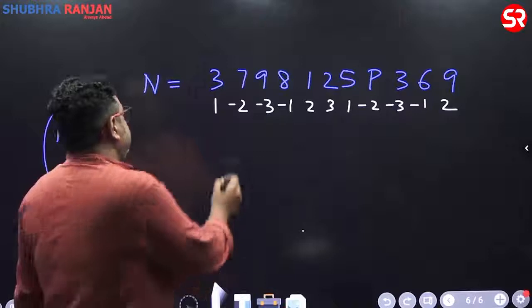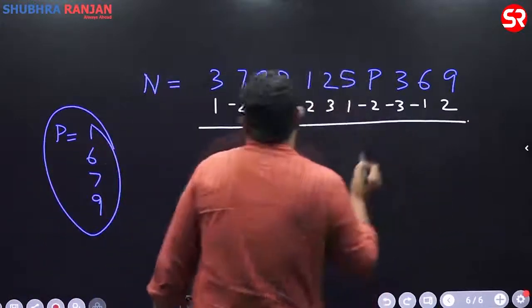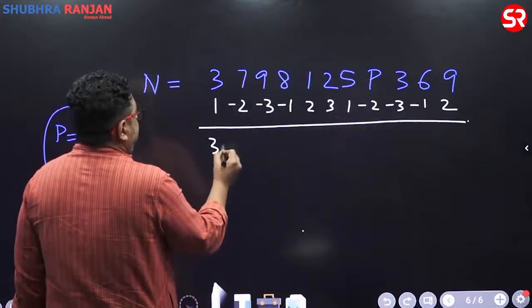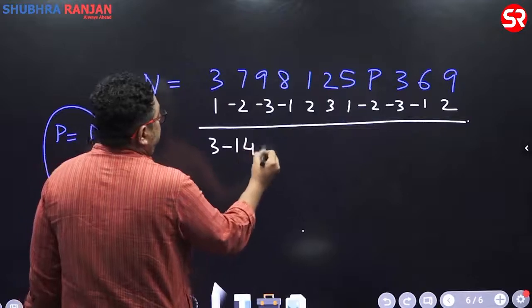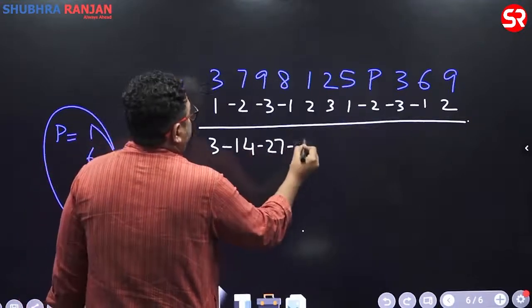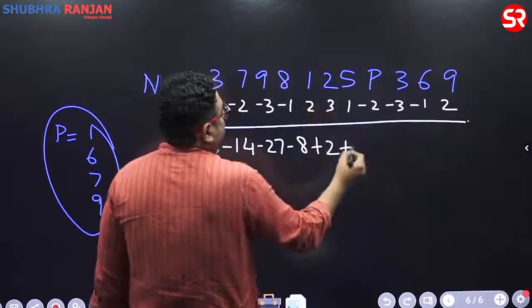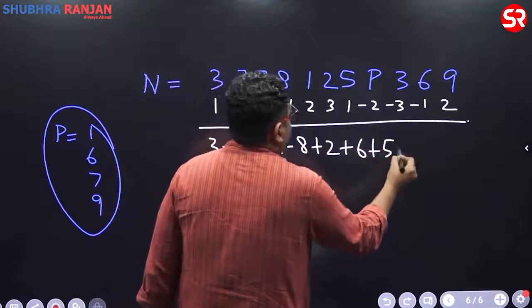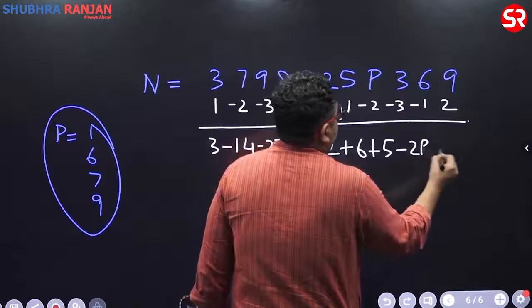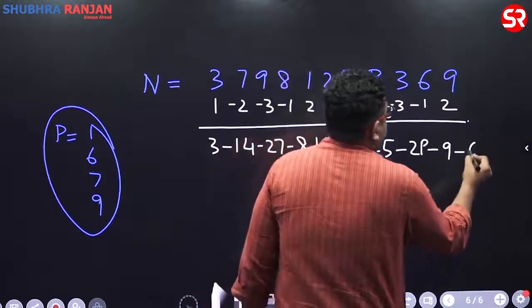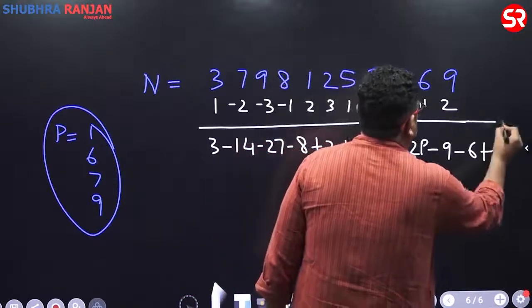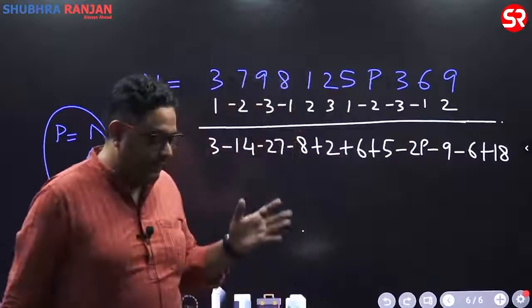So let's see. 3 ones are 3, and this is minus 14, and this is minus 27, this is minus 8, and this is plus 2, and this is plus 6, plus 5, minus 2P, minus 9, minus 6, plus 18. This is what you get, right?